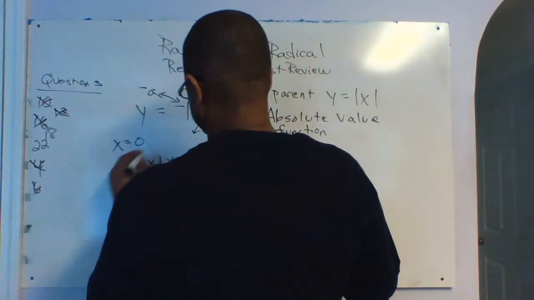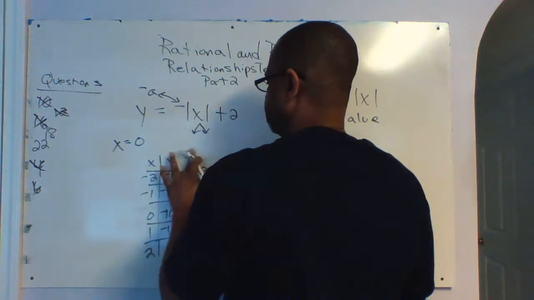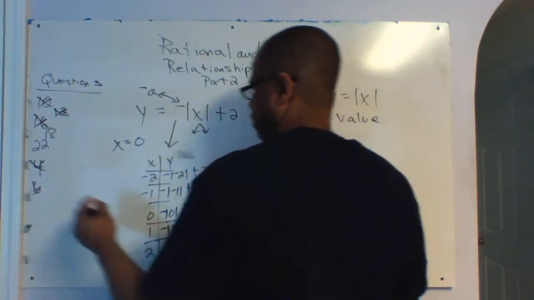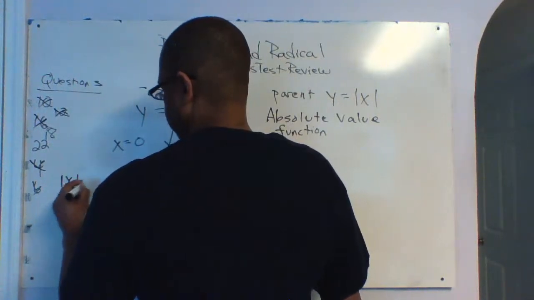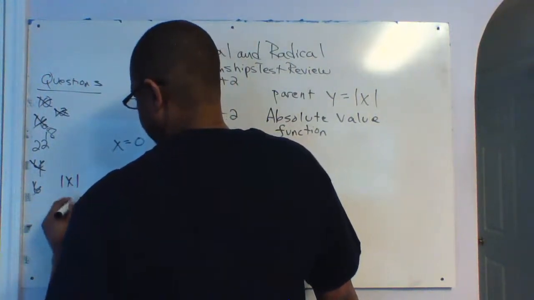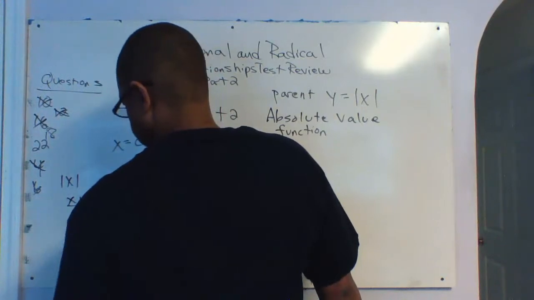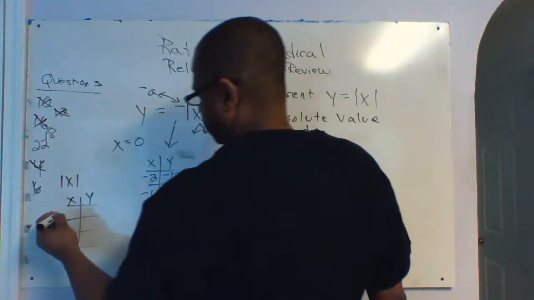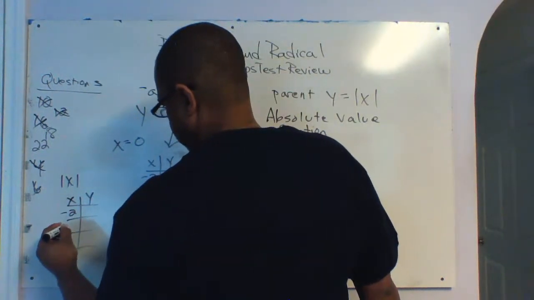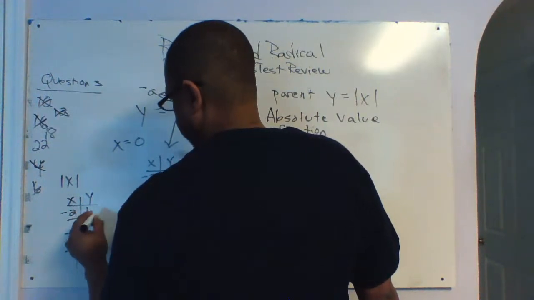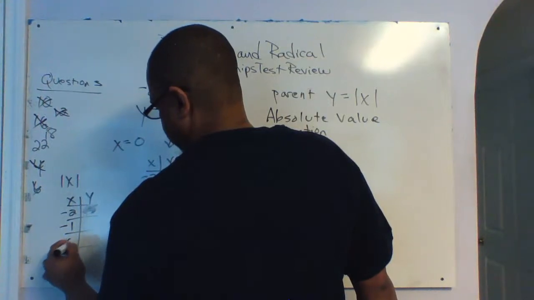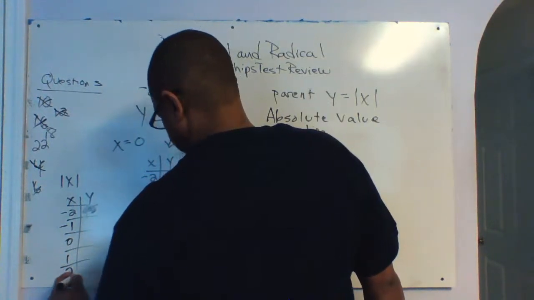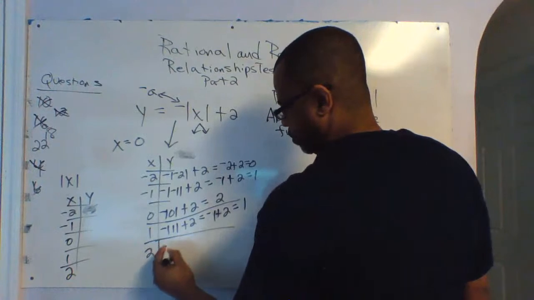I'm going to put the parent function. So this right here is the data for this. And I'm going to do the x and y for the absolute value, and I'm going to use those same points: -2, -1, 0, 1, and 2. All right, so let's finish this out first.